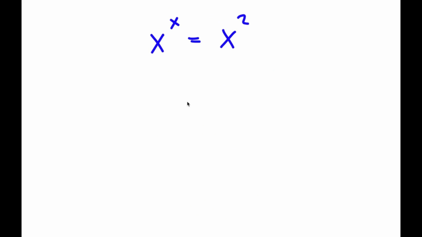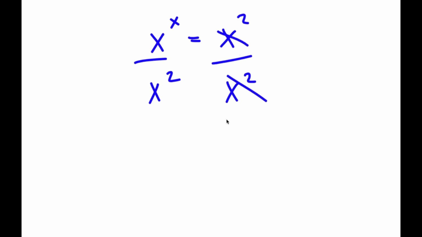Alright, so in this problem, I have x to the power of x is equal to x to the power of 2. So to solve this, what I'm first going to do is take the natural log on both sides. Or sorry, actually before that, I'm going to divide both sides by x to the power of 2. So x to the power of 2 divided by x to the power of 2, that's 1.